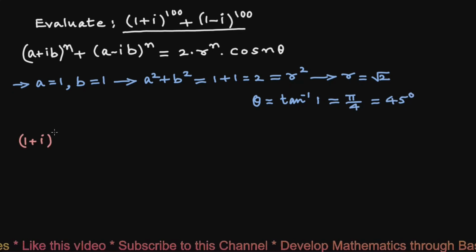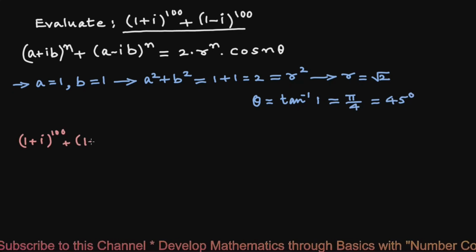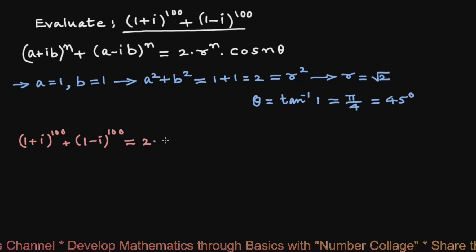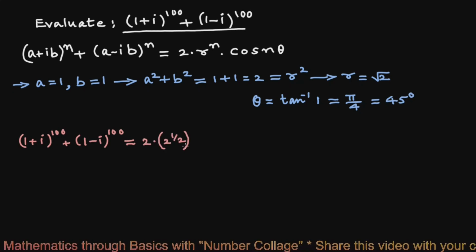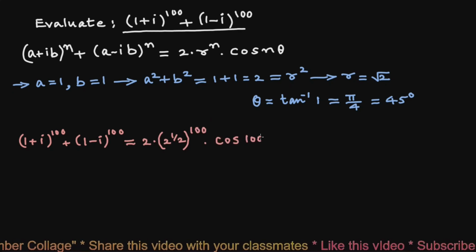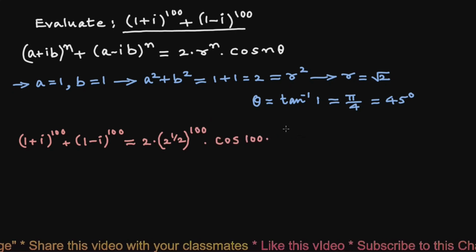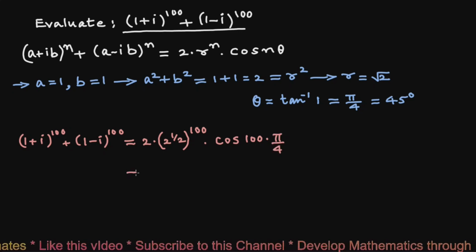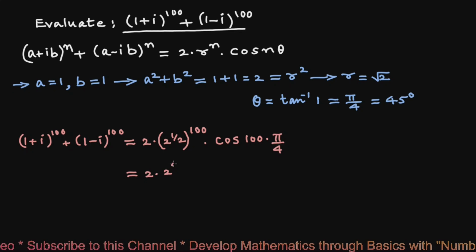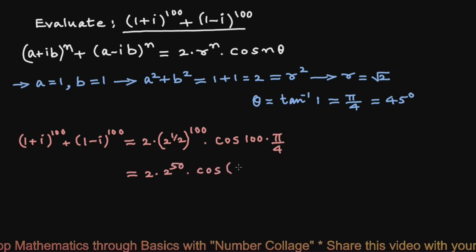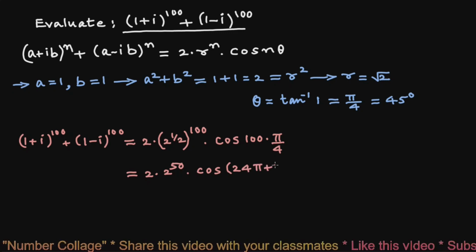(1 plus i) raised to 100 plus (1 minus i) raised to 100 equals 2 times r raised to n cos n theta, where r is root 2, that is 2 raised to half raised to n, but n is 100, into cos of 100 into theta. Theta is pi by 4, so it will be 100 pi by 4. This becomes 2 into 2 raised to 50 into cos 25 pi, which we write as 24 pi plus pi.